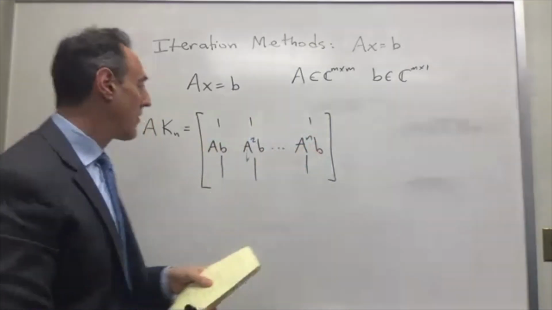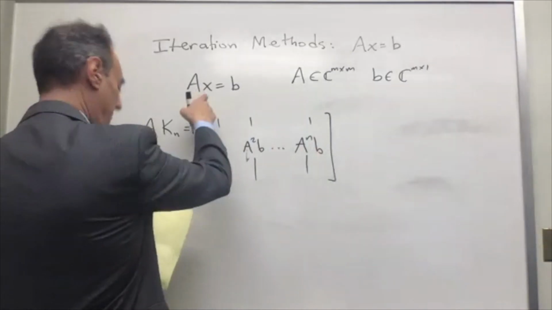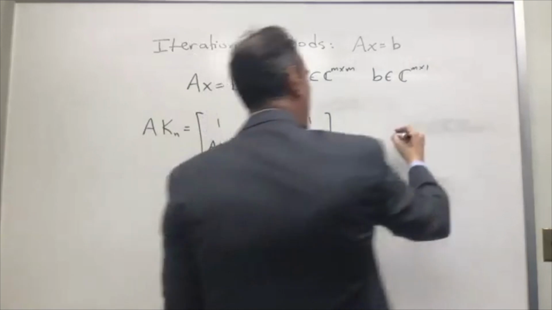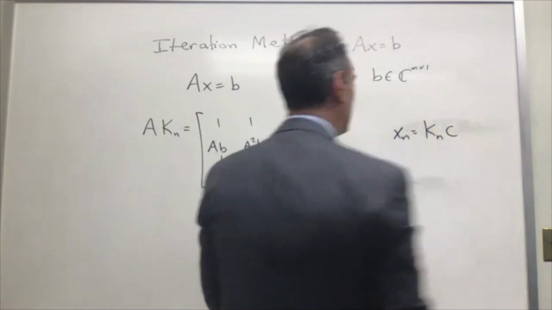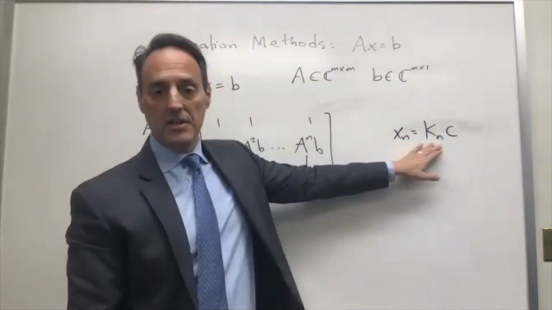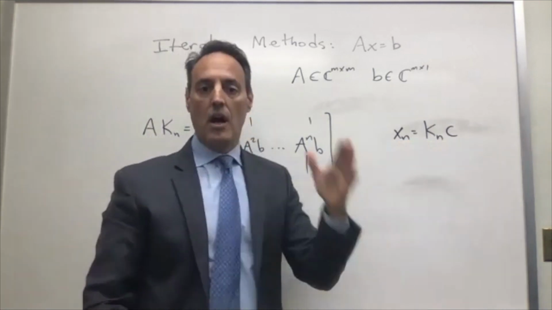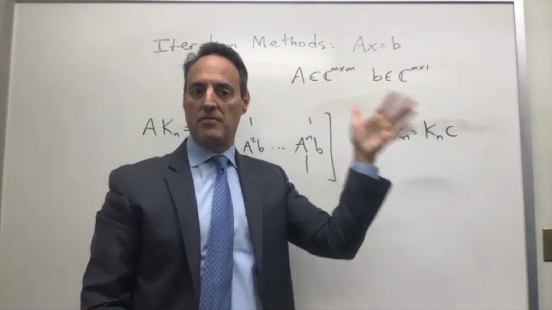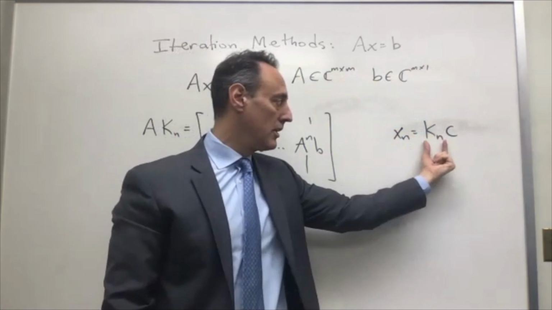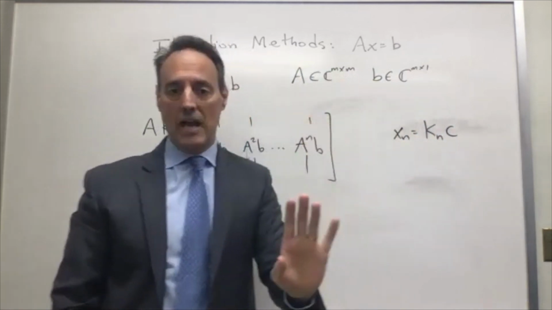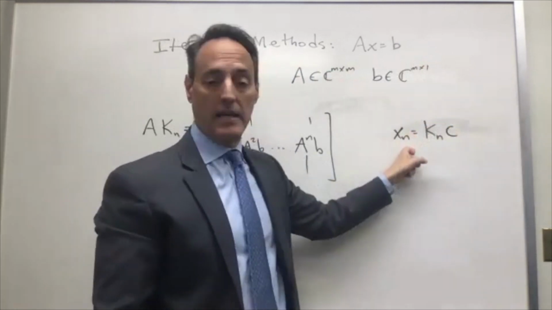So one way to think about it is x of n is going to be a linear combination of those Krylov subspace vectors, which are B, AB, A squared B. So I'm just going to do a linear combination, and C is going to tell me how much of each column I need to represent x of n.